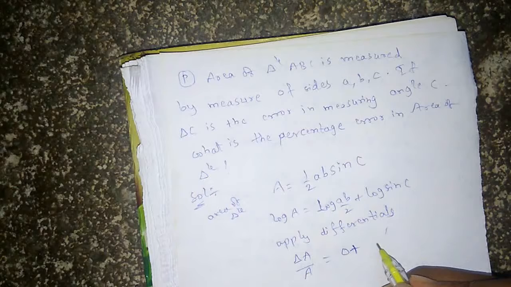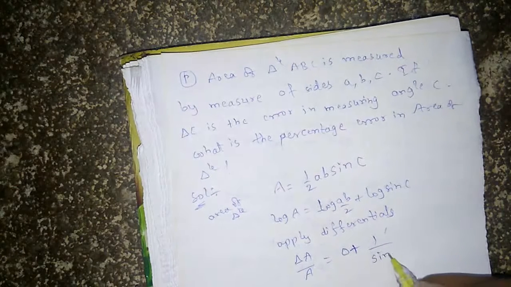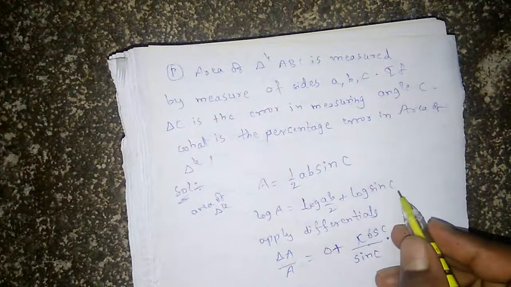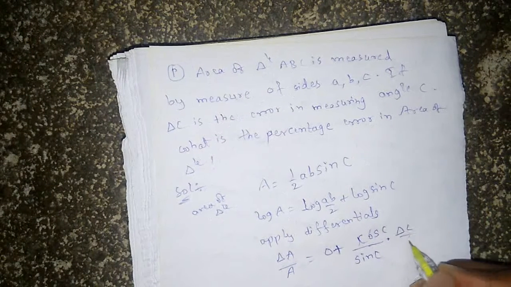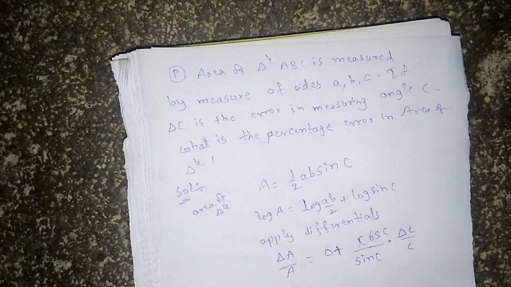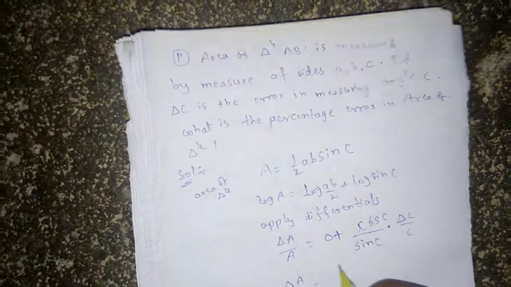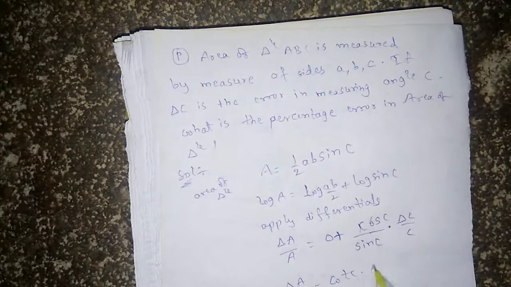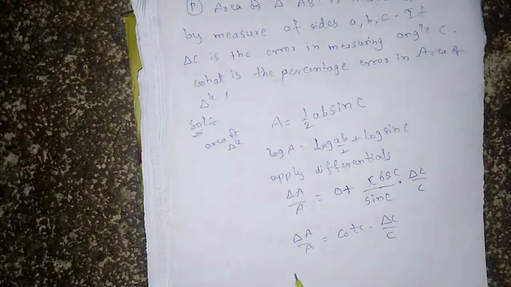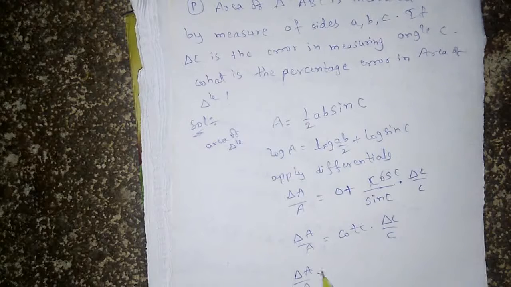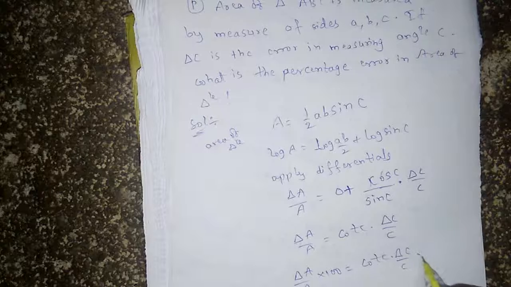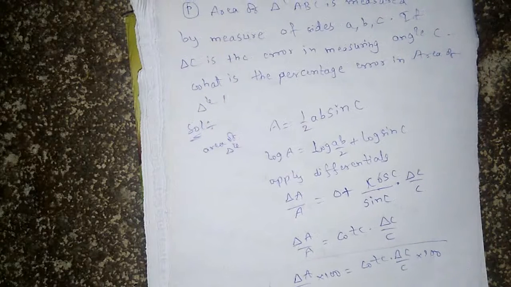Here log sin C, derivative of log sin C is 1 by sin C into derivative of sin C is cos C into differential of angle C is delta C by C. This is delta A by A is equal to cot C into delta C by C. Multiply by 100. Delta A by A into 100 is equal to cot C into delta C by C into 100, which is the percentage error in area.